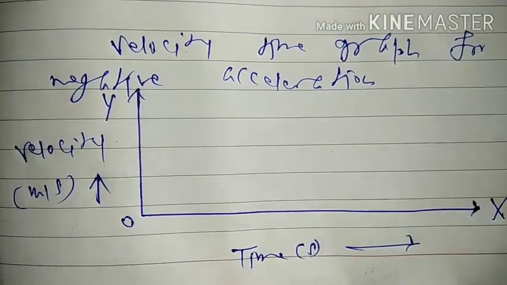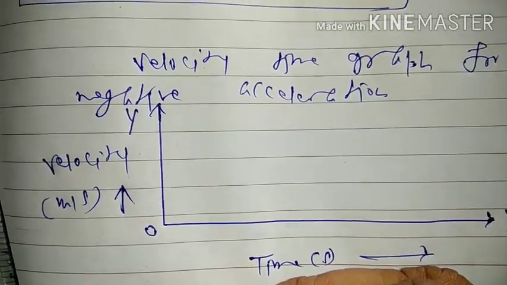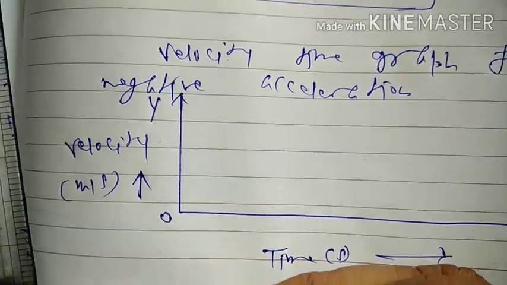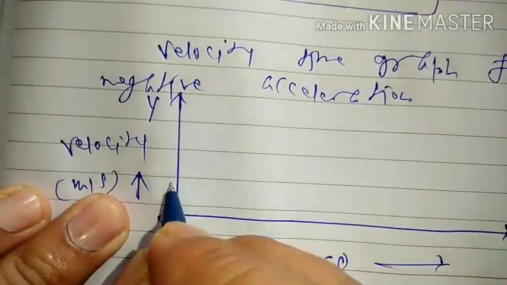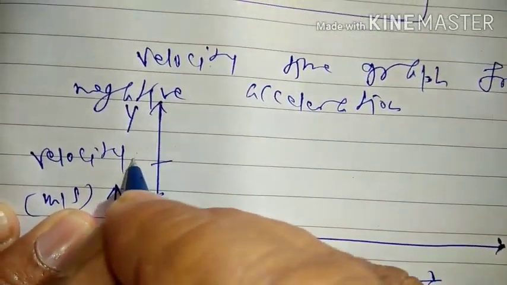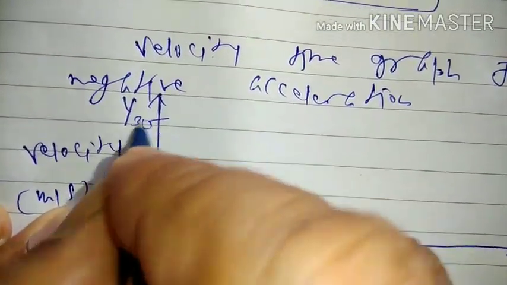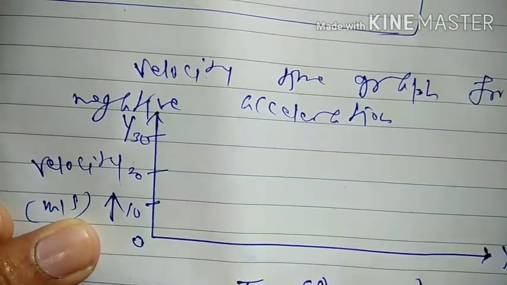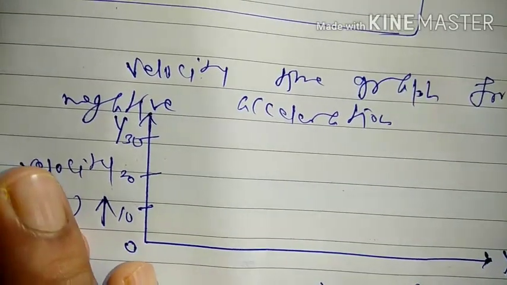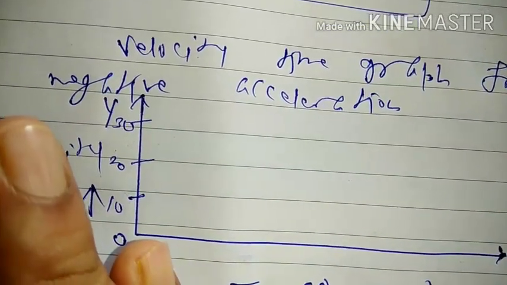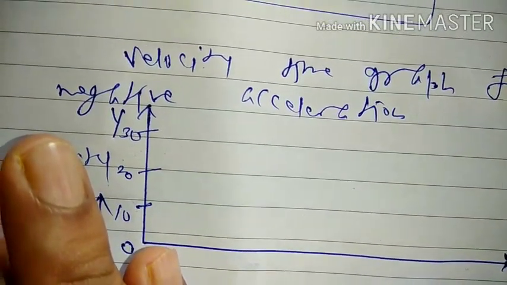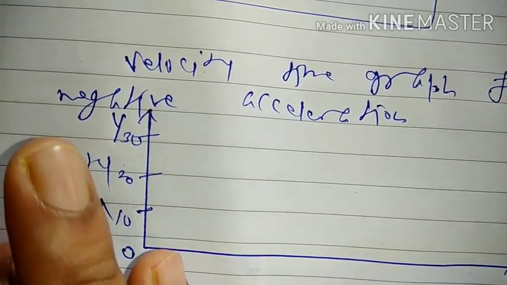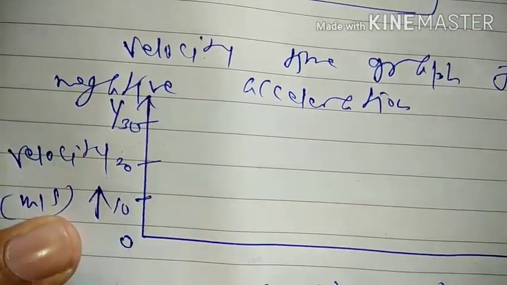Suppose a vehicle initially moves with velocity 20 meter per second. So suppose this is about 10 meter per second, 20 meter per second, 30 meter per second, and after applying the brake, the vehicle stops in 6 seconds, maintaining uniform acceleration.